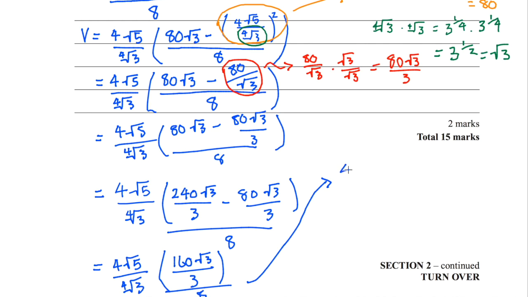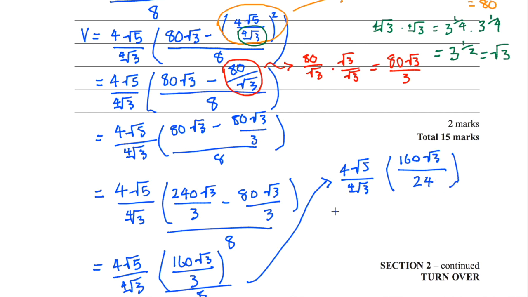So it's 4 root 5 on the 4th root of 3 times 160 root 3 on 3. The whole thing is divided by 8, so that's the same thing as multiplying by 1/8. And multiplying by 1/8 just means you're multiplying the denominator by 8, so it's on 24.